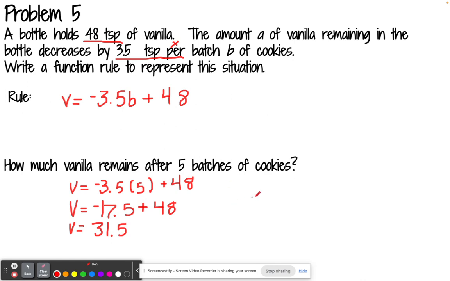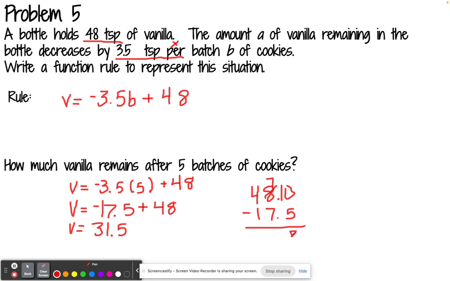I think it can be 35. I better check my work. It might be 30.5. Occasionally I lose my mind a little bit when I'm doing these. It's going to be 30.5, I believe, as I do need to borrow, and I forgot to do that when I did it in my head.